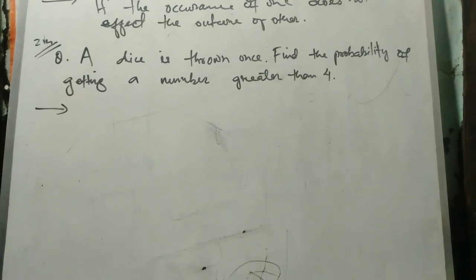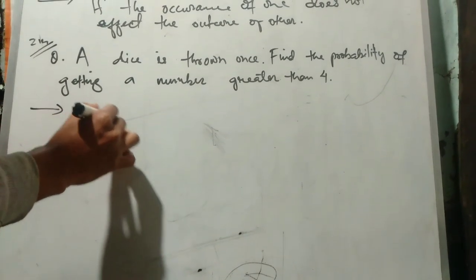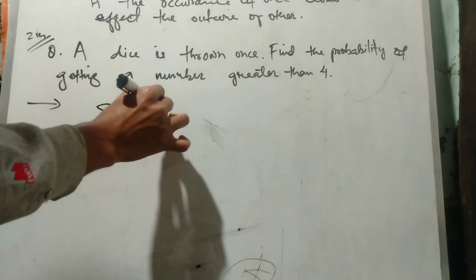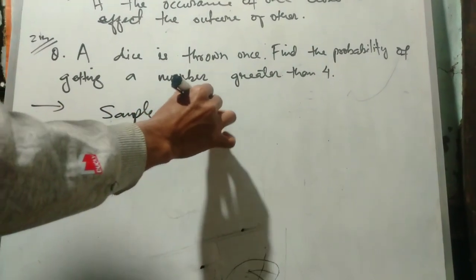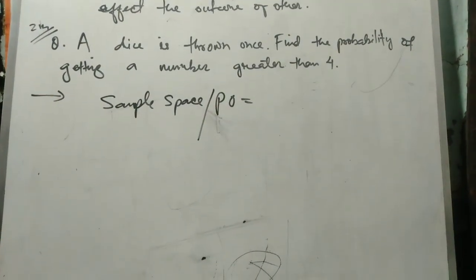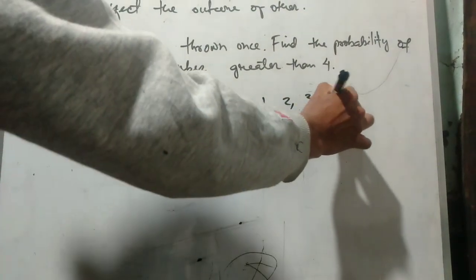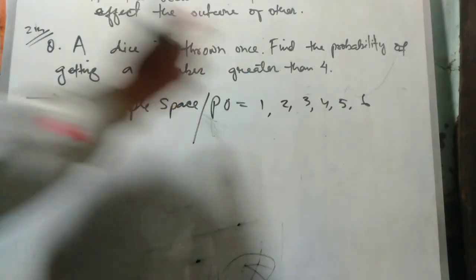If a dice is thrown, then the possible outcomes will be, okay, let us see, the sample space, all possible outcomes. It can come 1, 2, 3, 4, 5, 6.